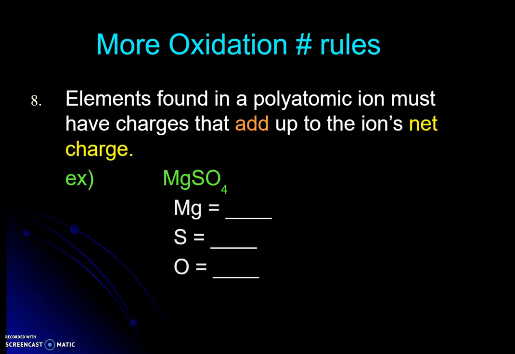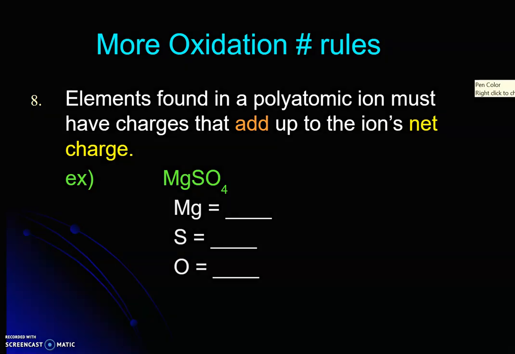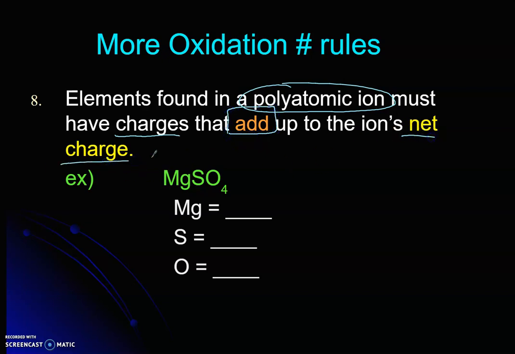Where you're going to spend most of your time is with polyatomic ions. In polyatomic ions, the oxidation numbers have to add up to the ion's net charge. So you have to look at what you have going on here. You can approach the oxidation numbers for magnesium, sulfur, and oxygen in magnesium sulfate a couple of different ways.